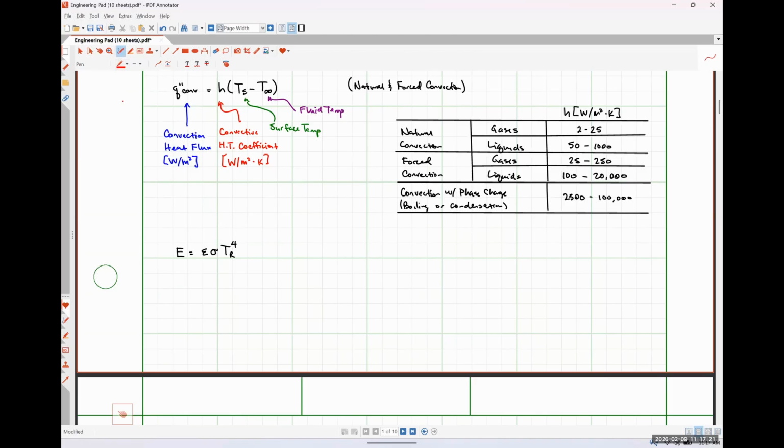So defining things here, we have our emissive power, measured in watts per meter squared.